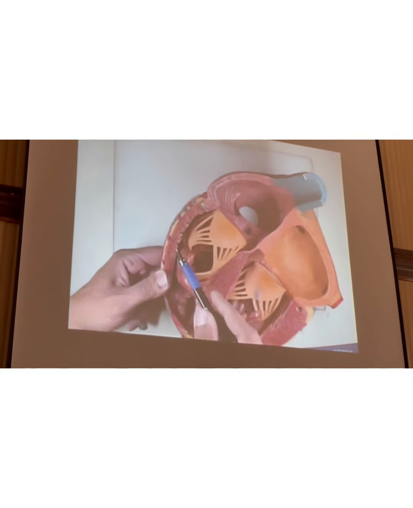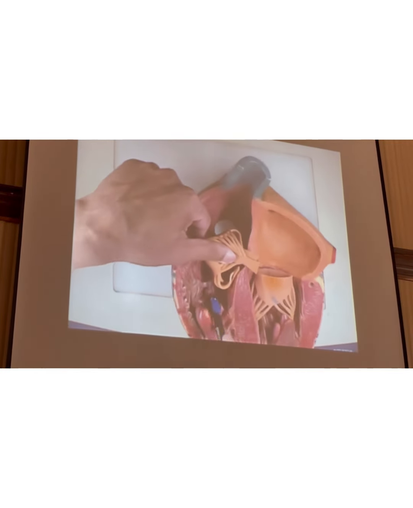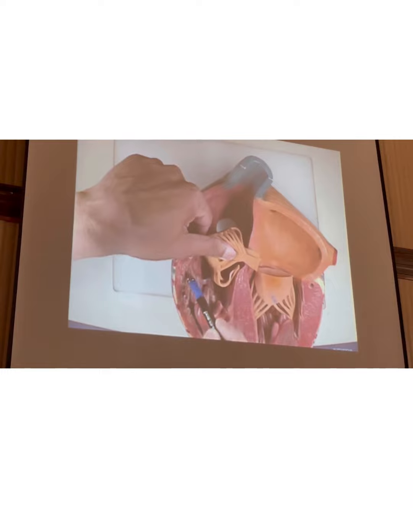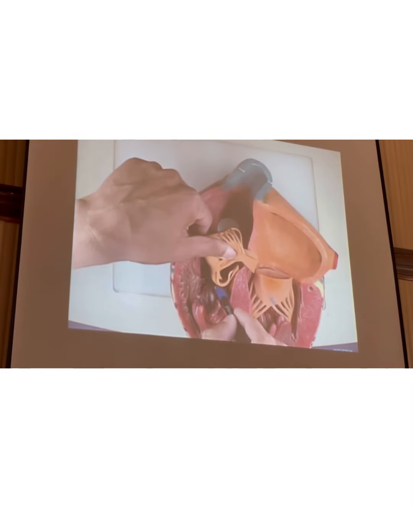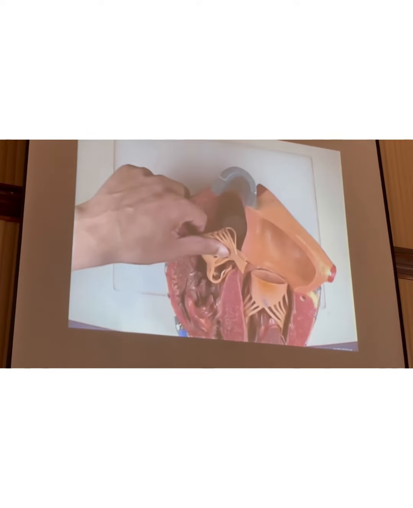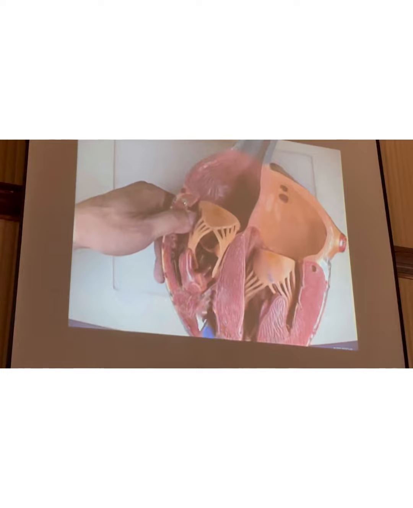Moderator band, papillary muscle. Then we have the ordinary prominent ridges of trabeculae carneae, the third form. So: ordinary prominent ridges, papillary muscle, then the moderator band.